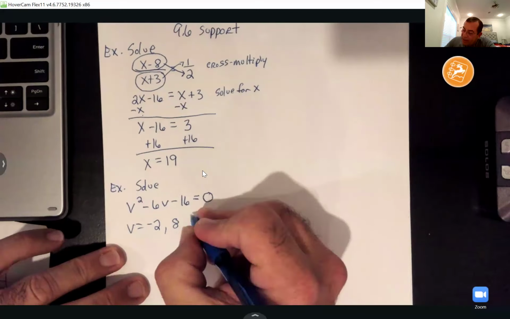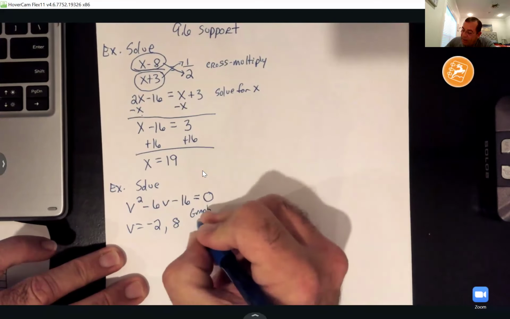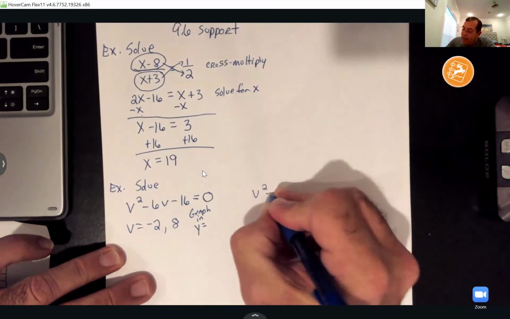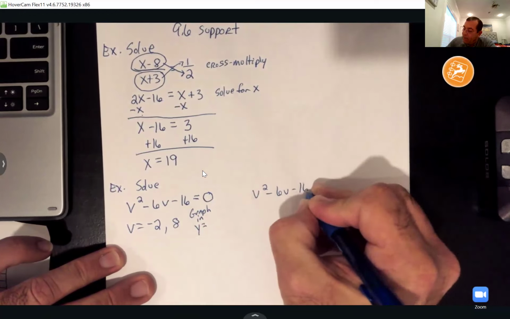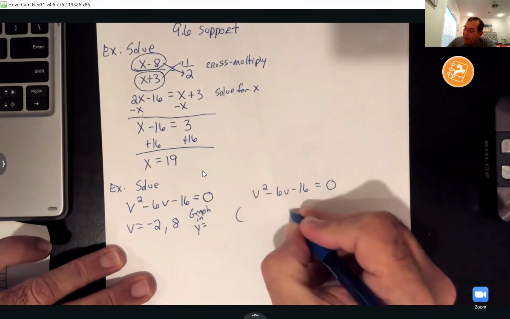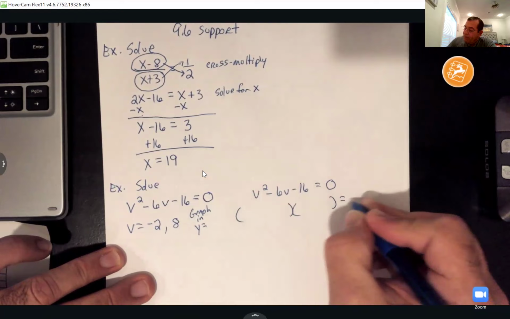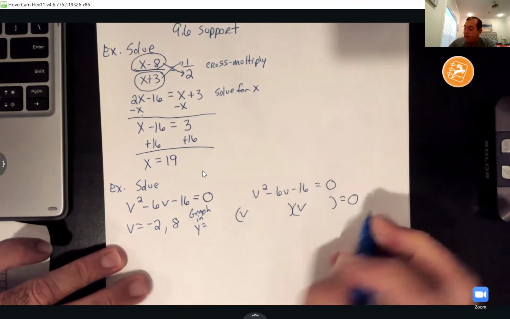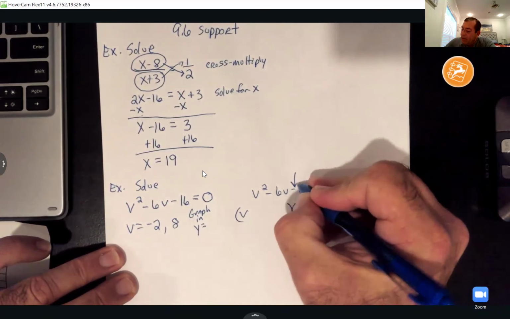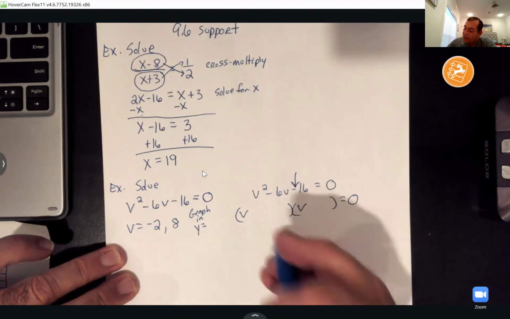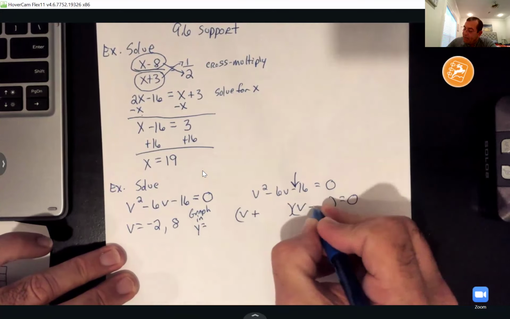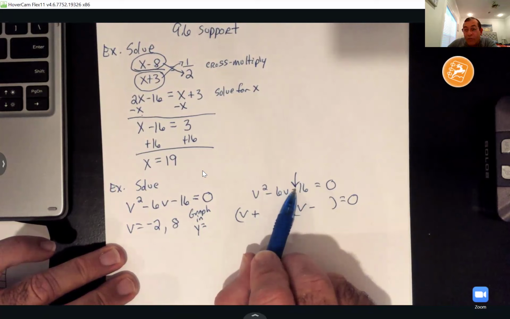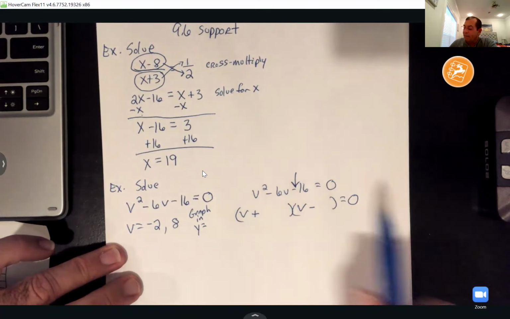So one way I did this, I graphed it in y equals. The second way you could have done that is you could have factored that. So the v squared would be a v and a v. Now remember, the last number's negative, so you got unlike signs, and you're looking for factors of 16 that subtract to get 6.